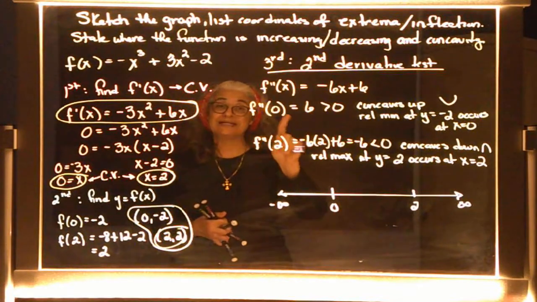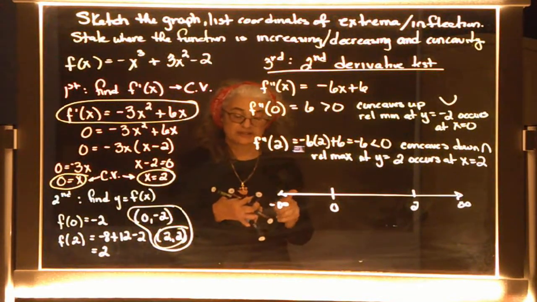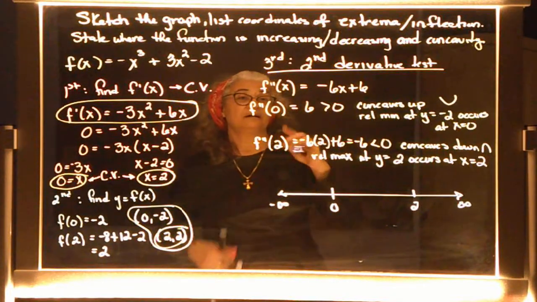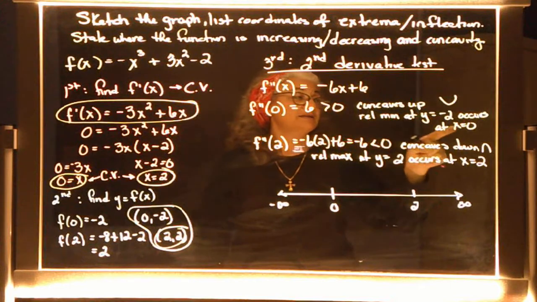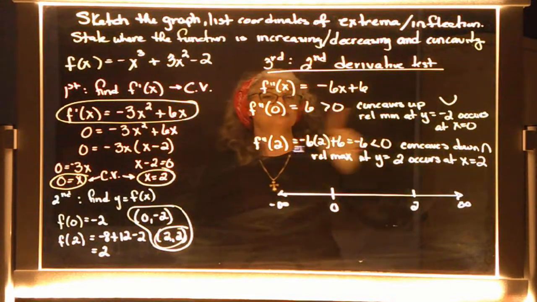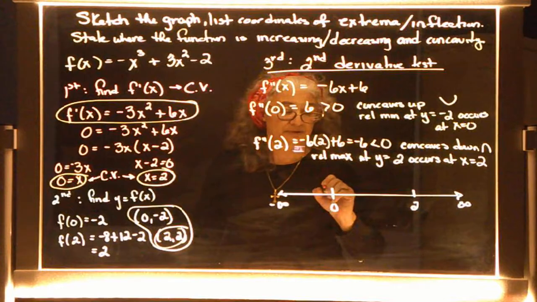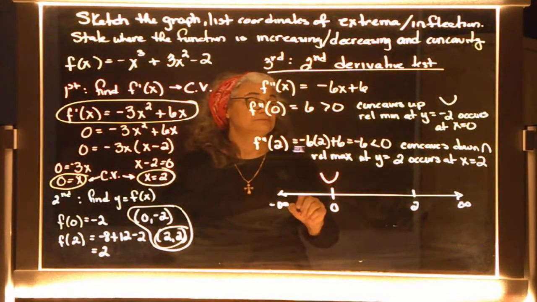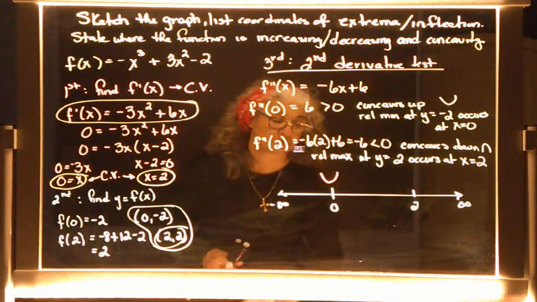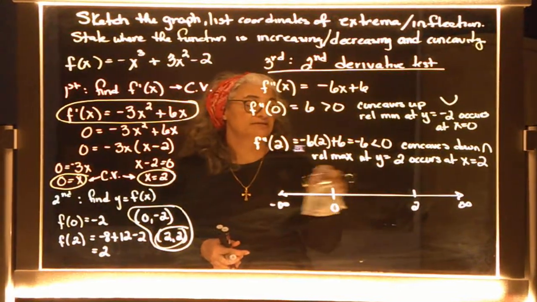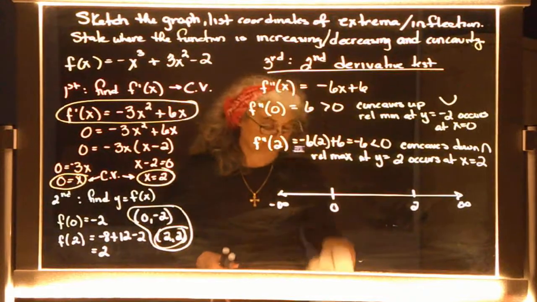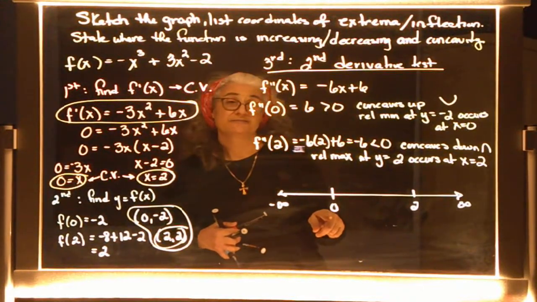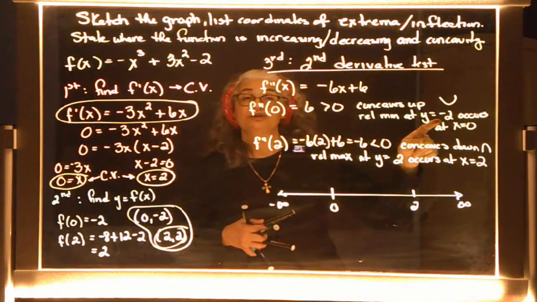From the work we did, we determined that at x equaling 0, this concaved up. And let me be a little bit more specific, if you don't mind. That would be wonderful. At x equals 0, it concaved up. The y value was negative 2.